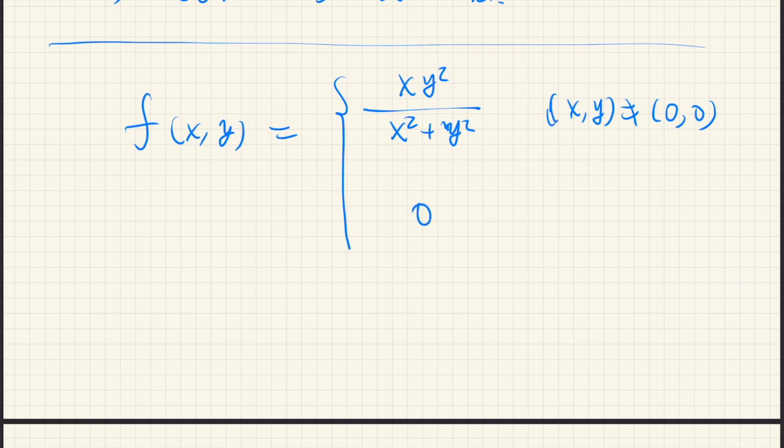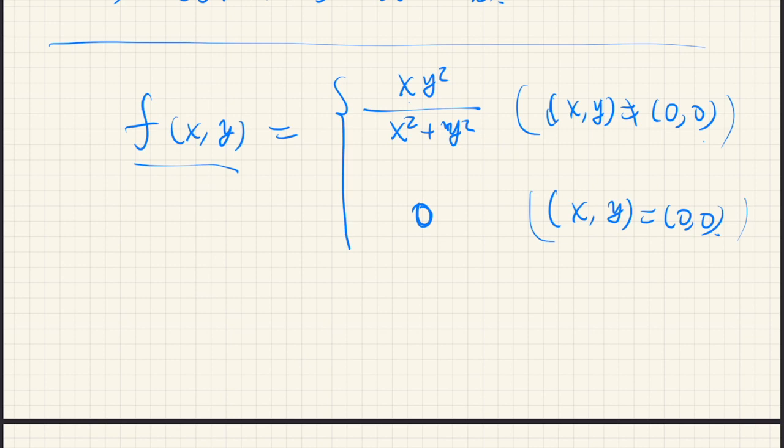And this function is defined as 0 when x y is 0, 0. So at the origin, this function is defined to be 0. Other than the origin, this function is defined to be x y squared over x squared plus y squared.